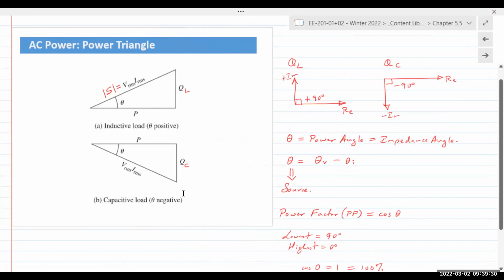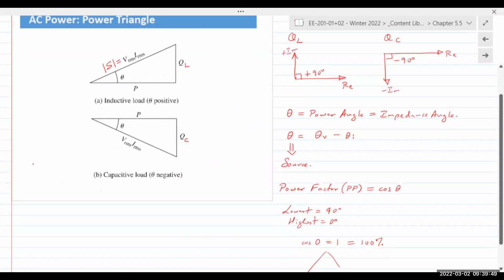And the reactive power is represented again by the imaginary number. So it lies on the imaginary axis. QL is always positive, 90 degrees up. QC is always negative, 90 degrees south or down on the negative imaginary axis. So it forms a right angle triangle. From this right angle triangle, we can write two equations, one for P and the other one for Q.